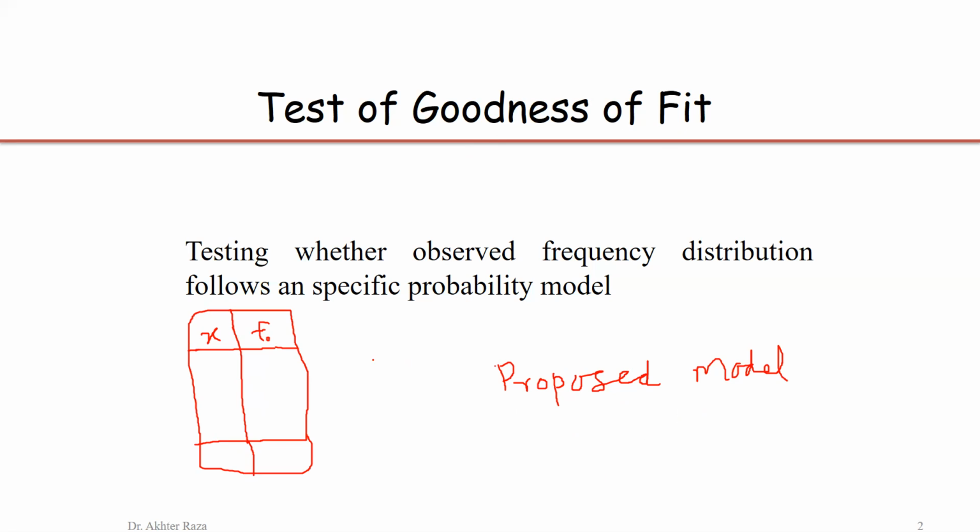So we have to calculate the probabilities first, from the proposed model. After computing the probabilities, we have to find the expected frequencies. Expected frequencies can be obtained by the sum of all frequencies multiplied by the probability.